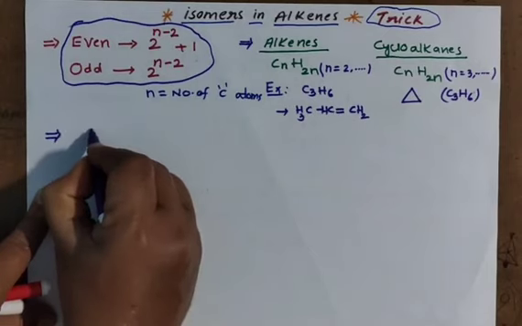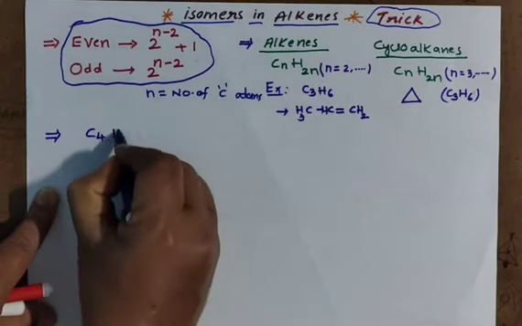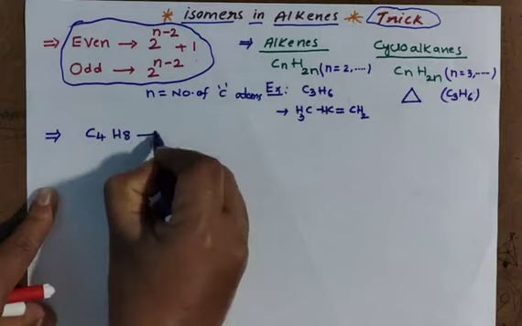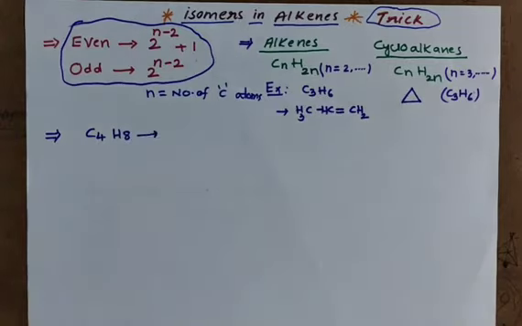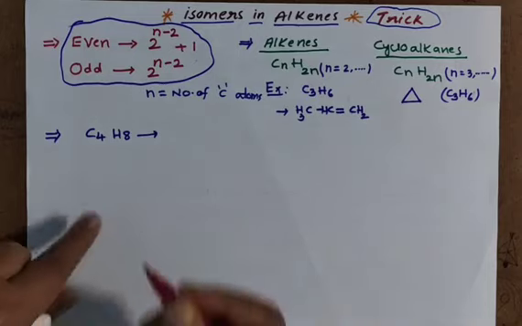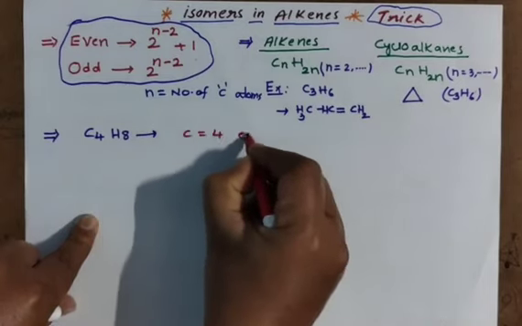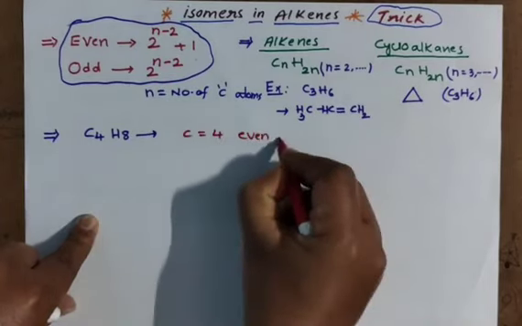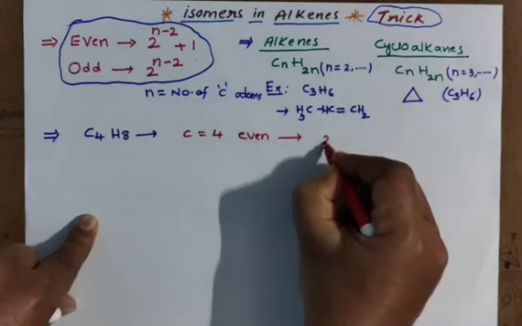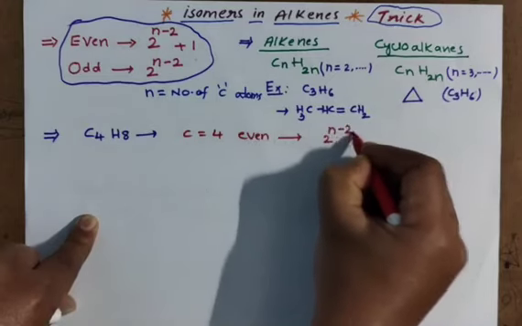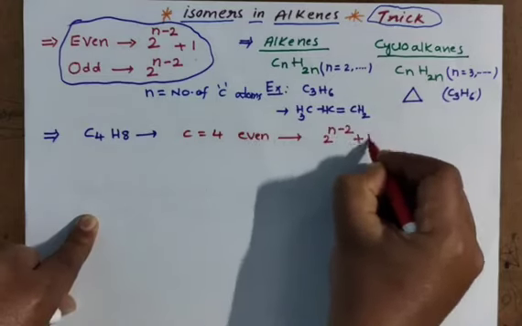For example, C4H8 is given to you, and they are asking the number of possible isomers. C4H8. Now the number of carbon atoms is 4. 4 is an even number, you know very well. Then the formula we have to select is 2 power n minus 2, plus 1.